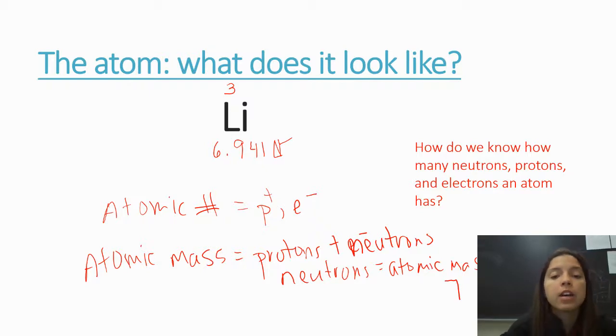And we know that the protons are 3. So 7 minus 3 will give me 4 neutrons. So even though the periodic table doesn't tell you specifically the neutrons, with the information given to you, the atomic mass and the protons, you can calculate how many neutrons.